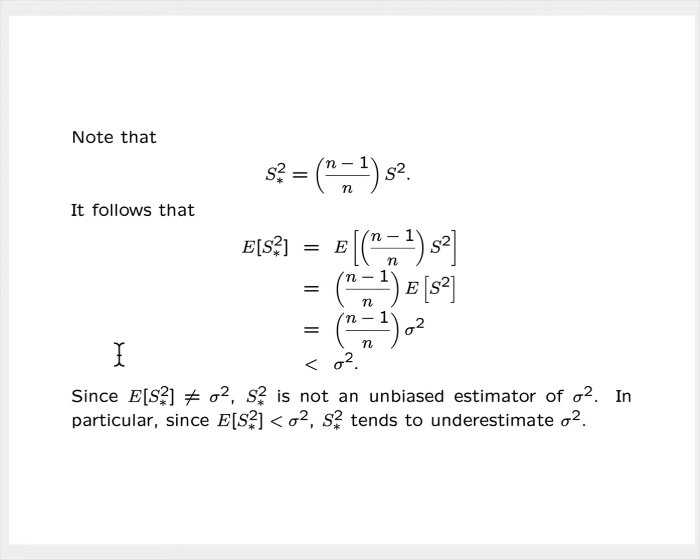And so because the mean of the sampling distribution of S star squared is not equal to sigma squared, S star squared is not an unbiased estimator of sigma squared. It's biased, and in particular, the mean of its sampling distribution is strictly less than sigma squared, and so S star squared tends to be a little bit too small. It tends to underestimate the true population variance.